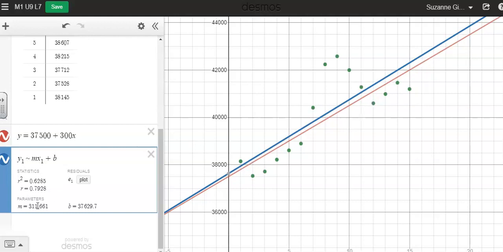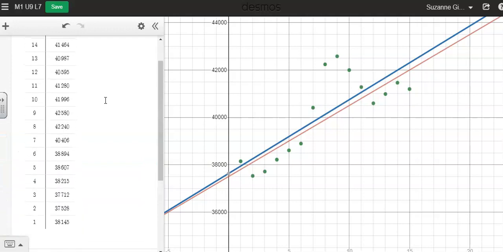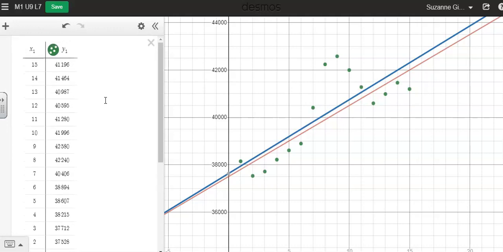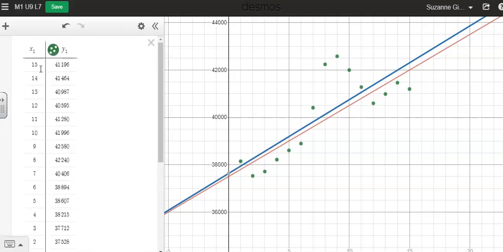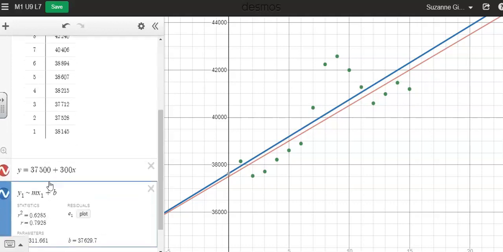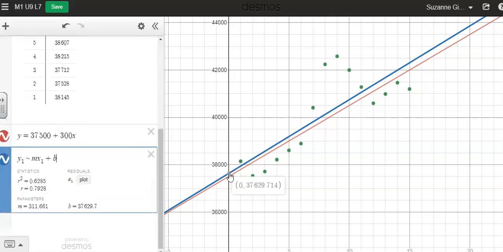So now let's interpret our parameters right here. This data is giving me median incomes for males between 1991 and 2005. So that means my y-intercept right here would be year 0. This would be an estimate for the median income in the year 1990.